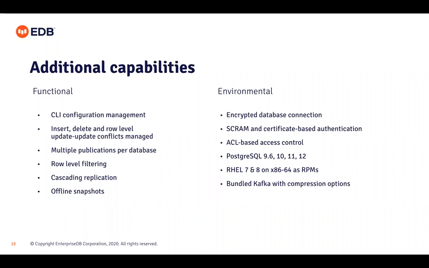What this means is a consumer in a replication network can also be a producer in another replication network. So you can cascade changes down through different replication networks or clusters, depending on how you group those.